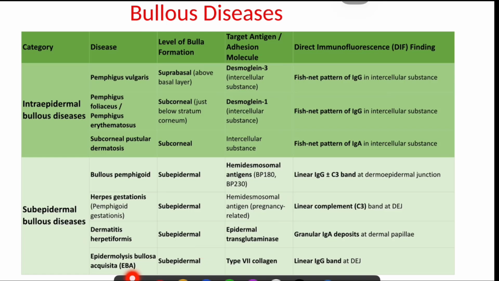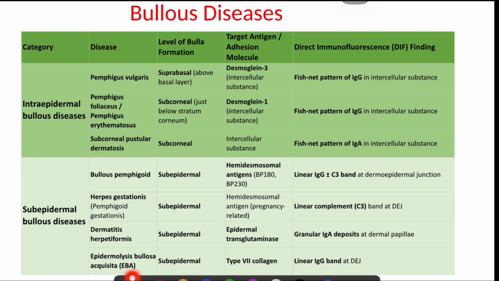Now, what are the antigens and adhesion molecules you can find in direct immunofluorescence? In intraepidermal bullous lesions, the targets are desmoglein 3, desmoglein 1, and intercellular substance antigen, and a fishnet pattern of IgG and a fishnet pattern of IgA are present.